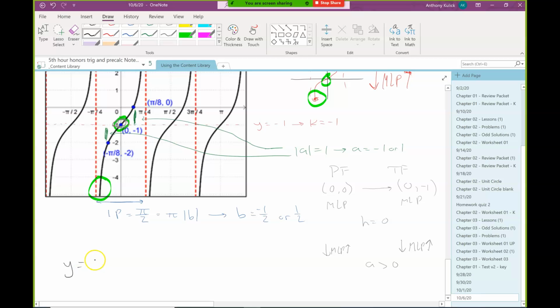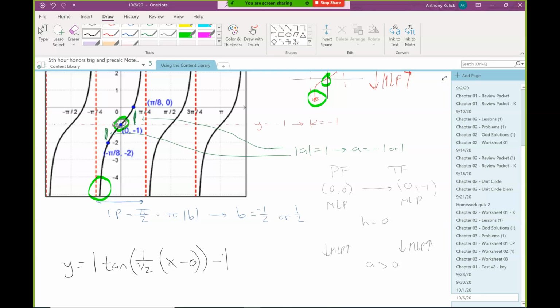So that's everything I need. And again, you could simplify that up a little bit, but I don't. When I write the notes, I usually just leave it with everything kind of written out in its place.